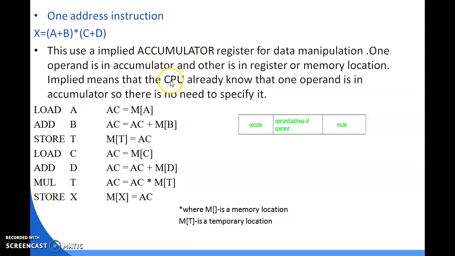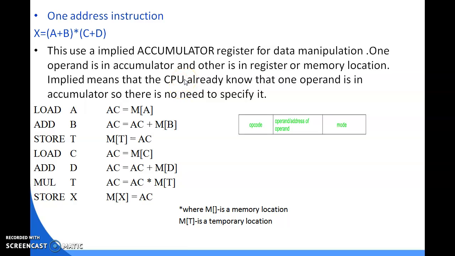Whatever is placed within the accumulator is already known to the processor, because the processor has an array of registers, and within those registers the accumulator is one register. So the data stored within this accumulator is already known to the CPU.